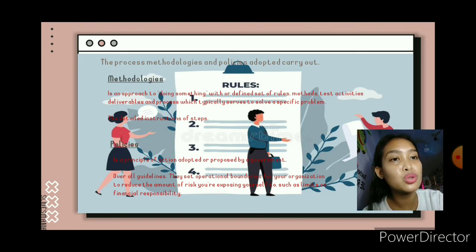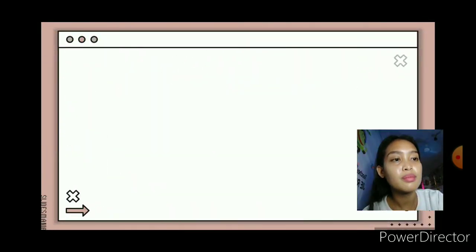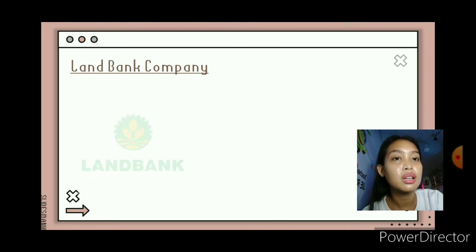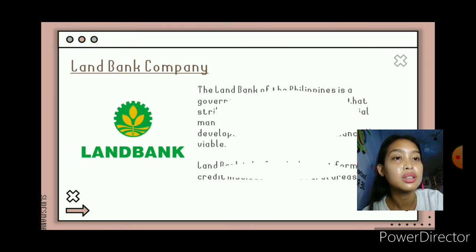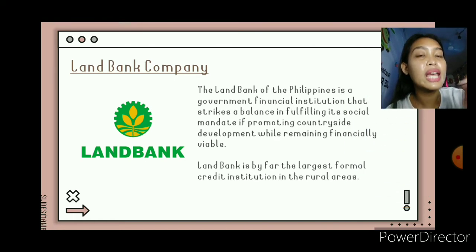I choose the Land Bank company, where they have their methods and policies on their company, and also their policies on their employees, and also to the company as well.